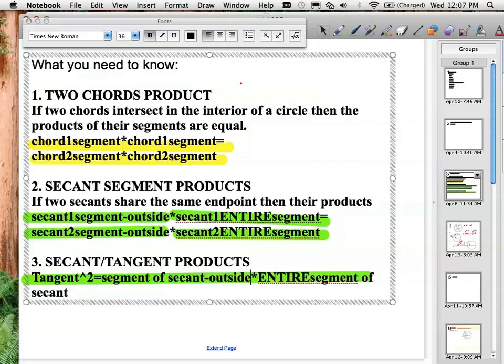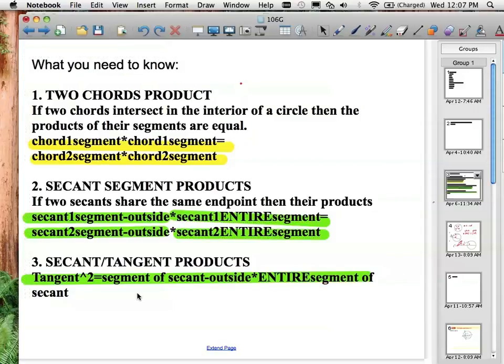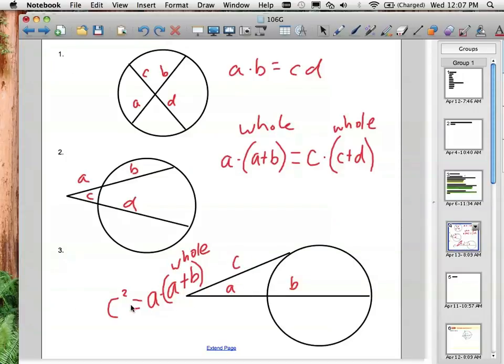I'll stick with outside again. Okay, and then the last picture down here, again, the tangent is c squared times the outside segment times the whole again.